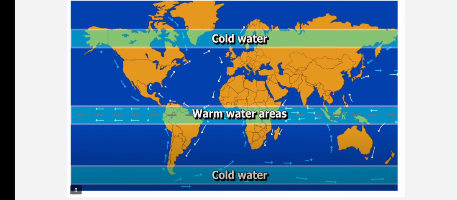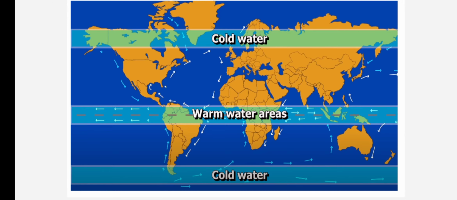Now the cold currents carry water from polar or higher latitudes to tropical or lower latitudes. It means the cold water from the polar regions comes to the equatorial region to make itself warm. And the warm currents from the equatorial region move towards the poles to cool down.